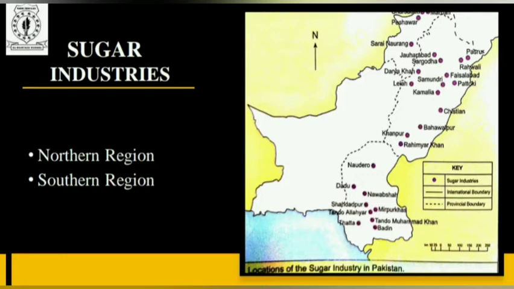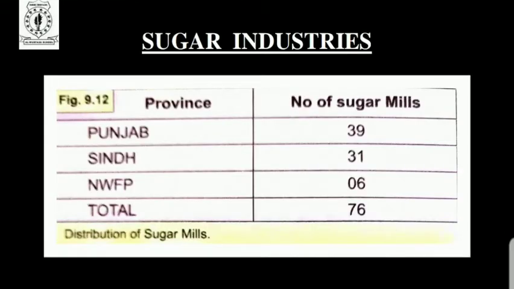The other factor is that it is very bulky and very heavy, and not easy to transport from one place to another. You have to keep this in consideration because the sugar industry plays a very prominent role. It is exported all over the world. So these factors are considered when we talk about the sugar industry.